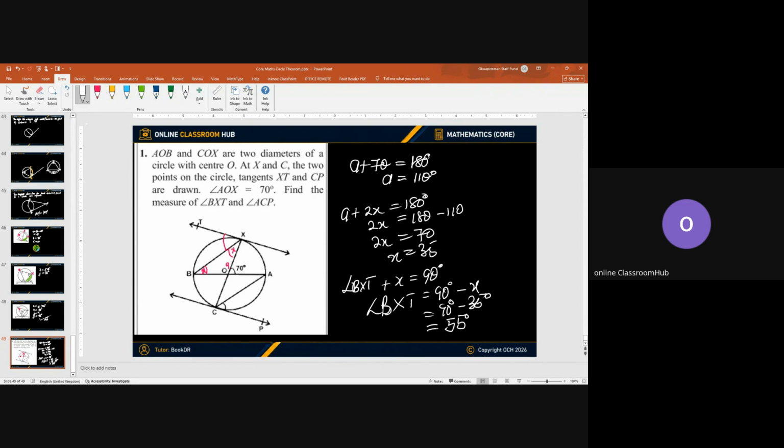Another method is to draw a line like this to join here, and then we mark this angle.